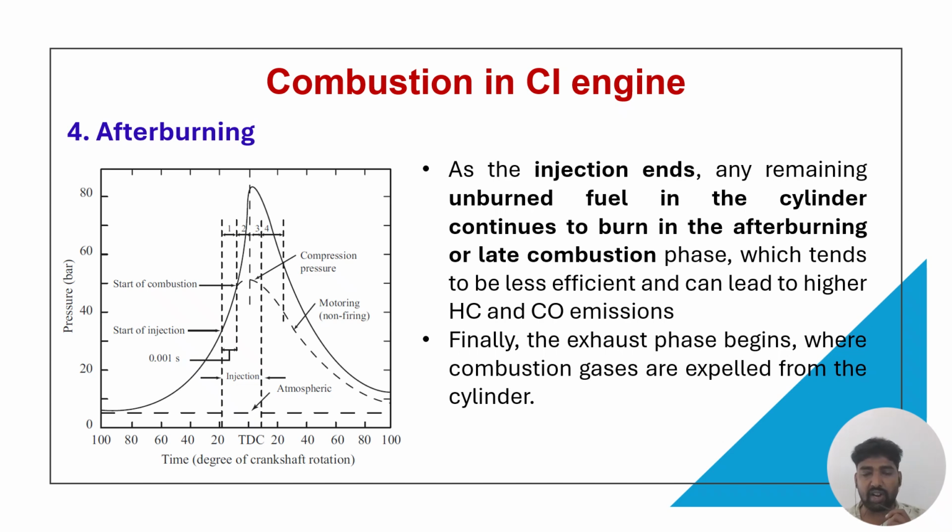Because the piston is already descending, this burning does very little useful work and instead increases the exhaust gas temperature. This stage is the primary source of soot and particulate matter if the mixture is too rich, and of unburned hydrocarbons if the mixture is too lean or quenched.